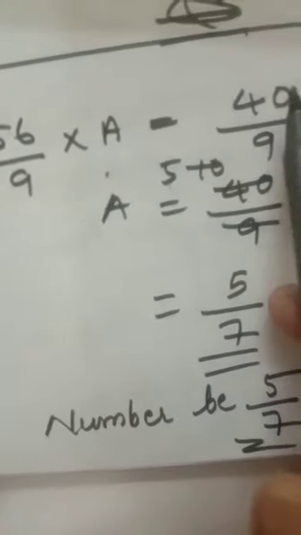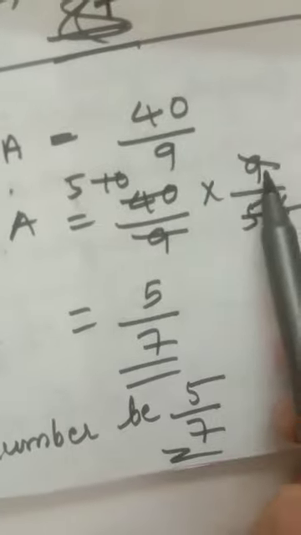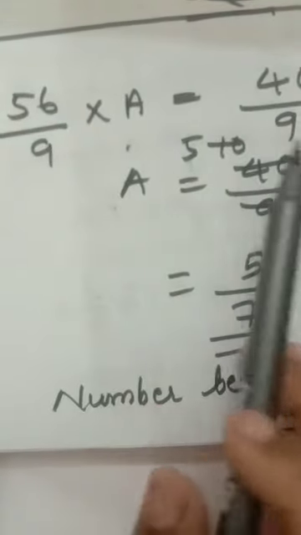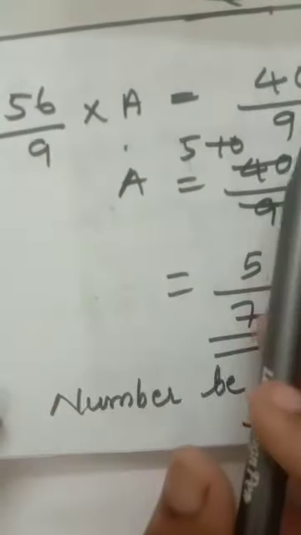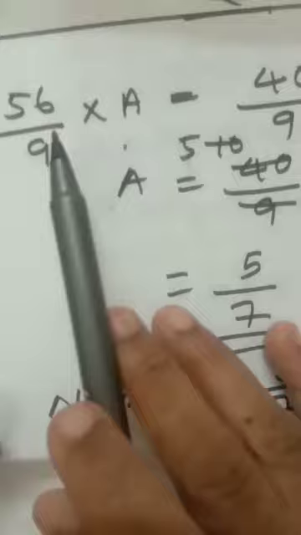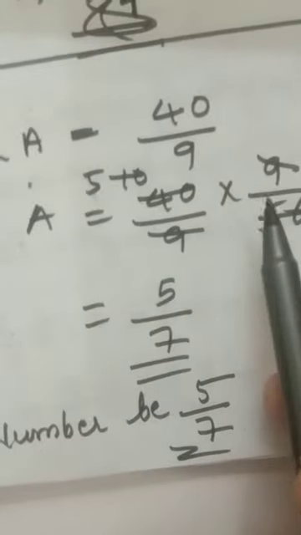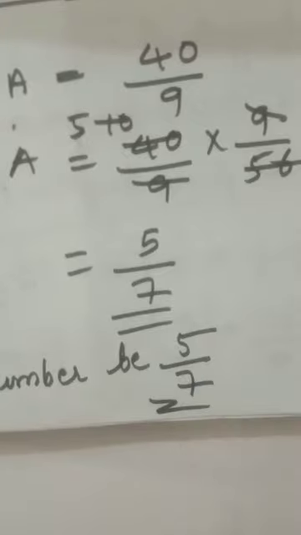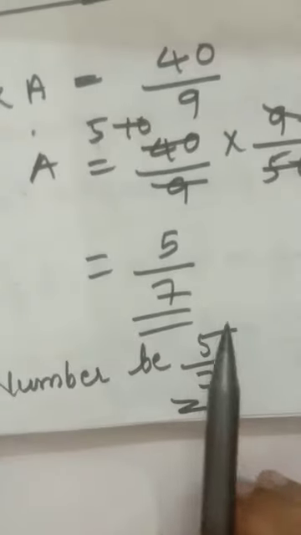Dividing number will be multiply here, and multiplication number will be divide. Numerator will come denominator side and denominator will come numerator side. You are taking left hand side to right hand side. Okay, after cutting you will get 5/7 is the answer. This number should be multiplied.